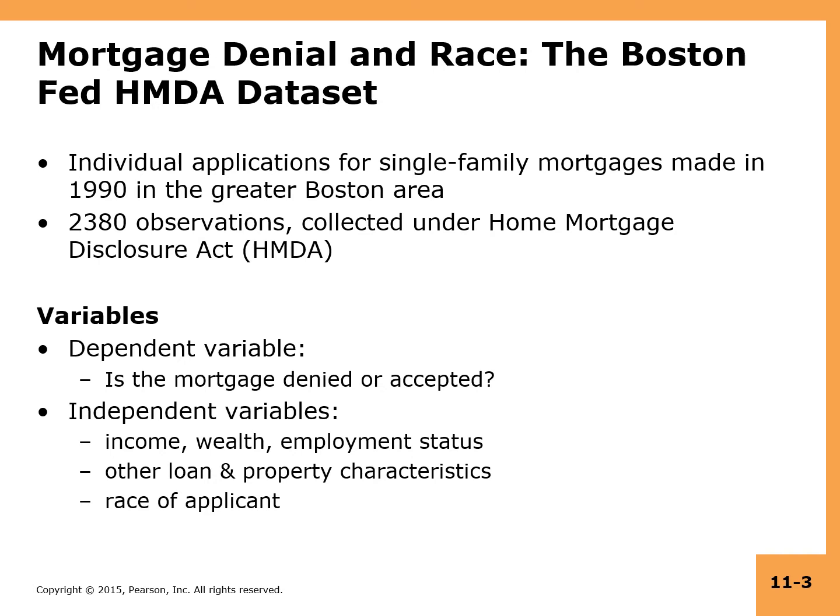There are 2,380 observations, which were collected under the Home Mortgage Disclosure Act. The dependent variable in this case is whether the mortgage was denied or not. The independent variables, or the X's, would be income, wealth, employment status, and race of applicant and other characteristics that could potentially impact whether the mortgage application is denied or not.